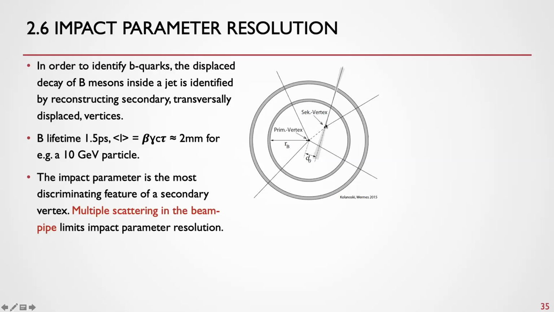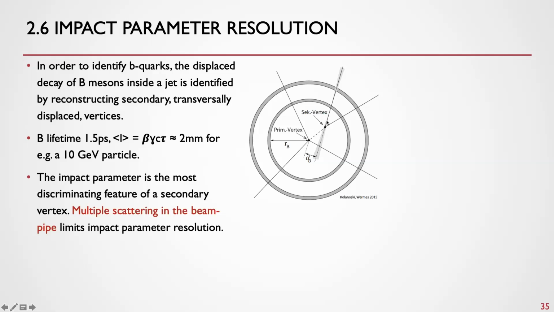The B meson, the candidate, traveled here invisibly and decayed here in the secondary vertex. The primary vertex is where the hard collision happened, for example, e+e- or proton-proton. So this position is known with very high accuracy. And now we want to determine the position of the secondary vertex with good accuracy to infer whether really there was a displaced vertex or whether this was just a mismeasurement.